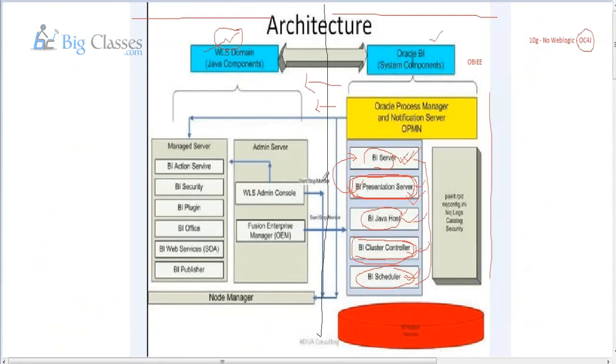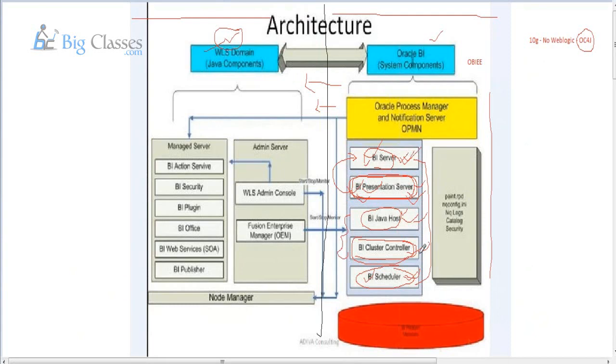But basically, as a developer, we will see the BA server, presentation server, and BA scheduler. These are related to the backend side. Each and every server or component has its own configuration files and its own log files.